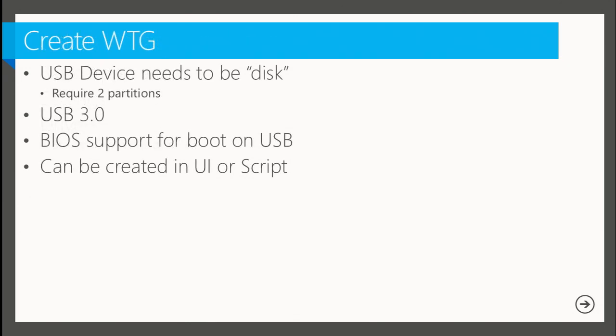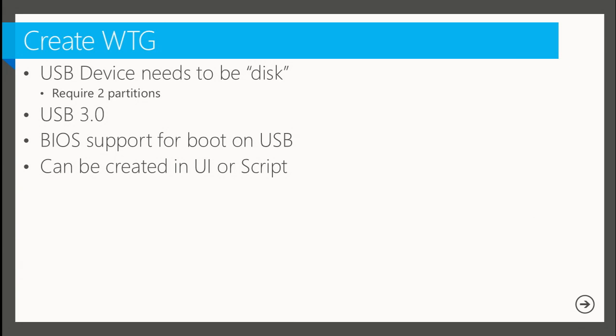Now, then we have this little issue. This is a Windows to Go USB device. It's not that big. It's not a USB stick. This is a USB disk. This is an SSD drive inside a USB device.